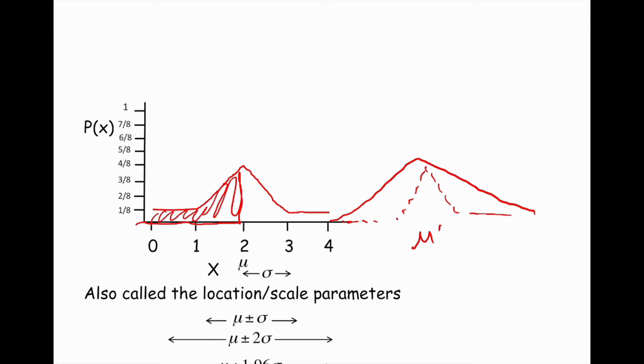Now, there's a relationship between the location and scale parameter. If you have plus or minus 1.96 times the standard deviation above and below this mu, all of that region represents 95% of the probability. So what does that mean? That means if you're trying to determine membership, and in the statistics community, 95% is assumed to be assured.